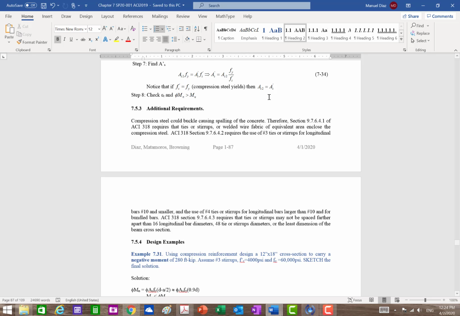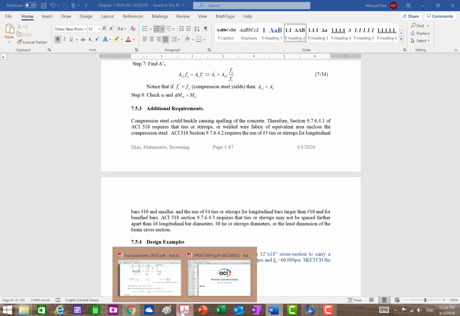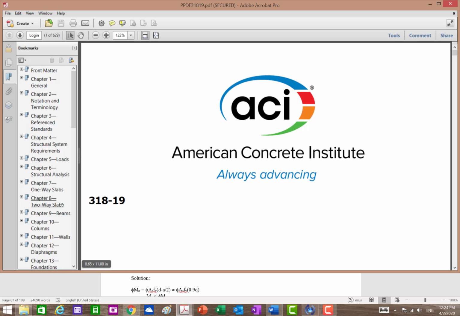Okay. In section 9.7.6.4.1 in your code, under beams. So, beams.